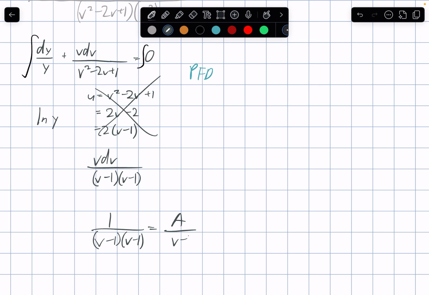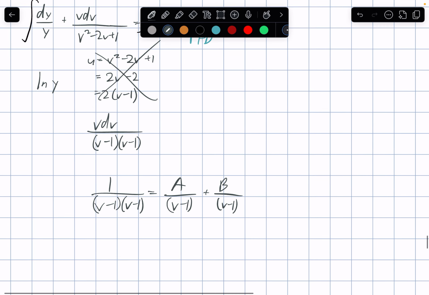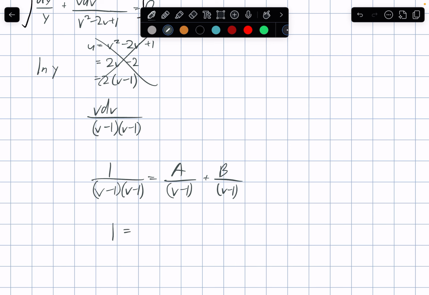We can write this as a over v minus 1 plus b over v minus 1. Simplify further. So we multiply both sides with this, no? So we only have 1 in the left side. At the right side, we get this.